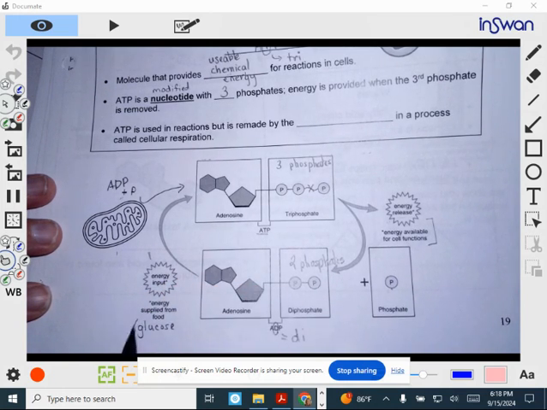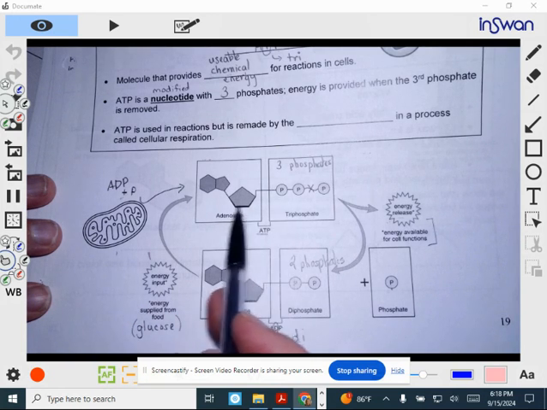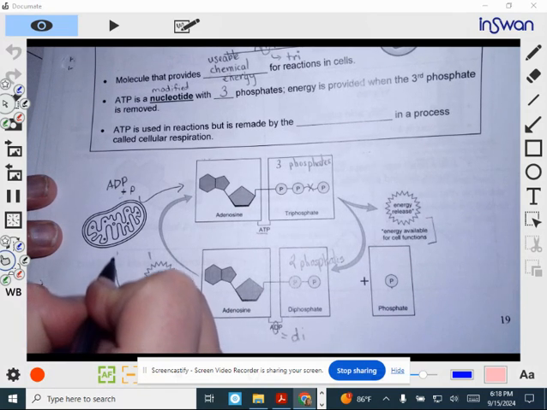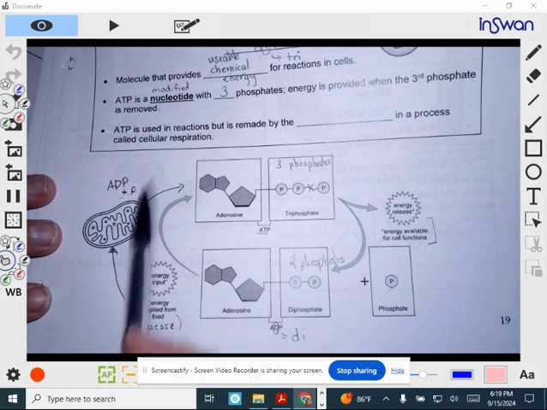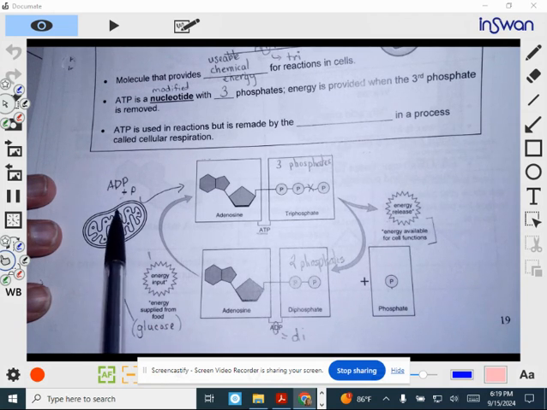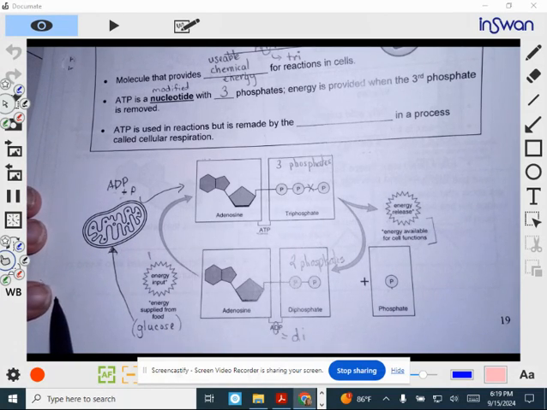So we learned in this unit that glucose is food. It contains energy, but the energy is in the wrong form. For our cells, we need energy in this form, ATP. So let's show that the mitochondria is going to take in the glucose. It's going to break the glucose down, and that releases energy for the mitochondria to take ADP and phosphorus and put them back together to reform ATP, okay?